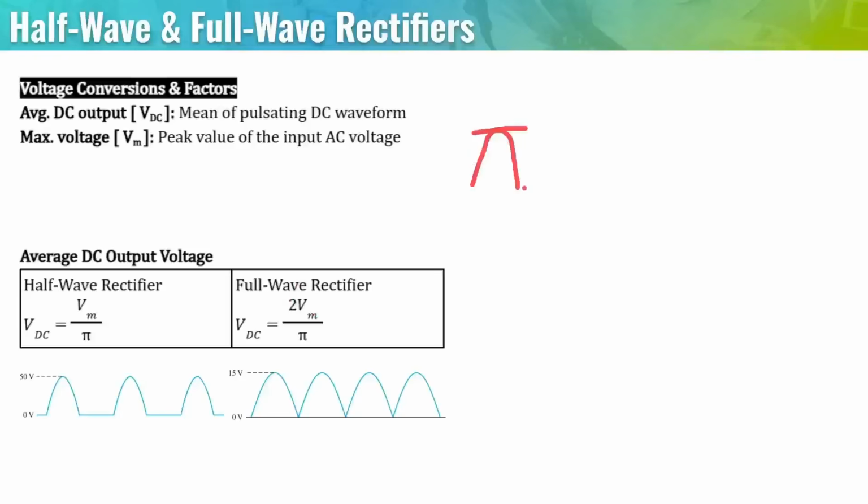So we need 2 Vm over pi because in a single cycle from 0 to pi, there are two occurrences of the half wave. So that's why for the half wave we have Vm over pi, and for the full wave we have 2 Vm over pi. If we were to draw up the DC voltage, the DC of this would be somewhere here, and the DC of this would be somewhere here in the middle.